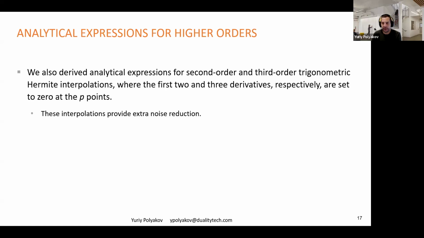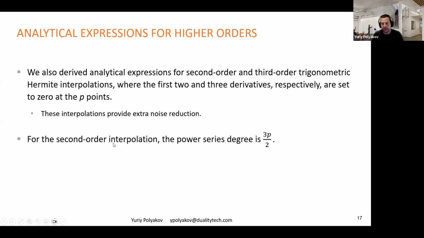So to take it further, we developed analytical expressions for the second order and third order Hermite interpolation, meaning that the first two derivatives or the first three derivatives were set to 0 at all p points. We see this as a tool. So this trigonometric Hermite interpolation is a very useful tool that allows us to control the noise.